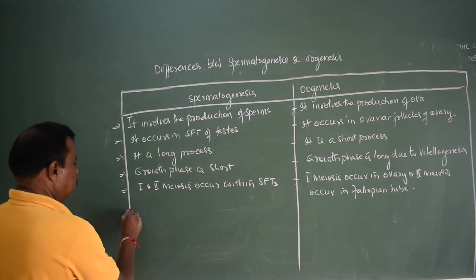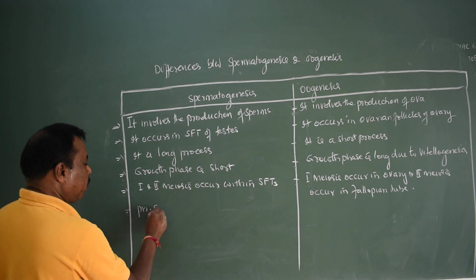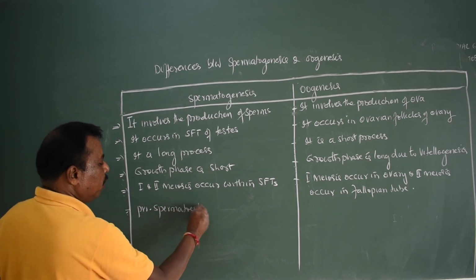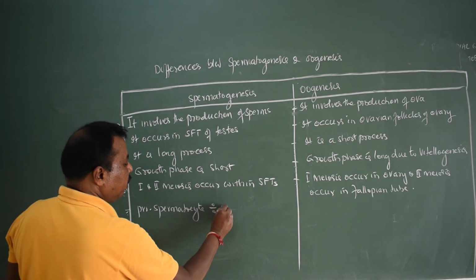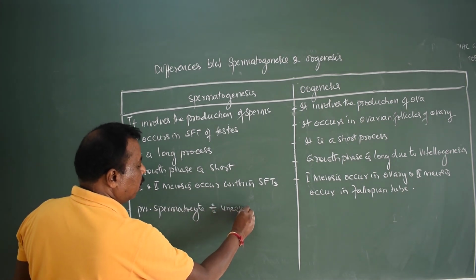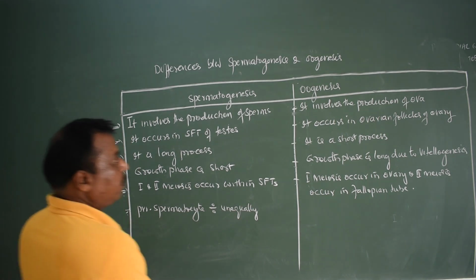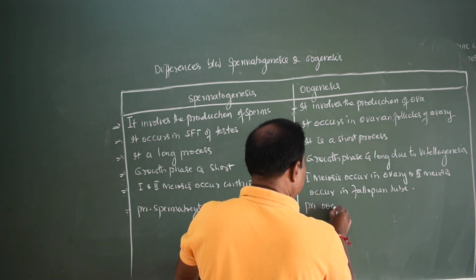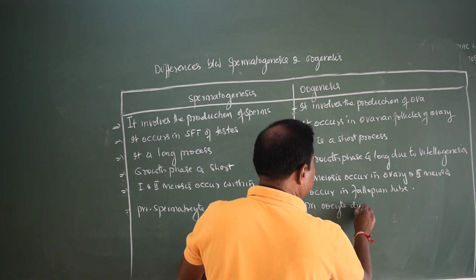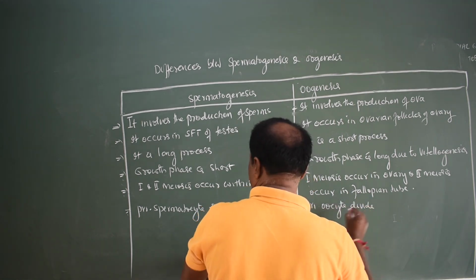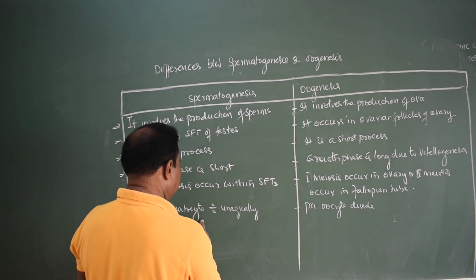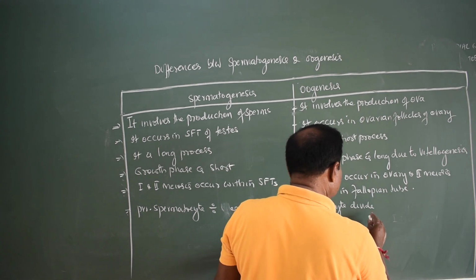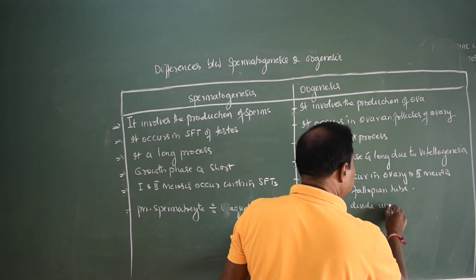Primary spermatocytes divide equally, and primary oocytes divide unequally.